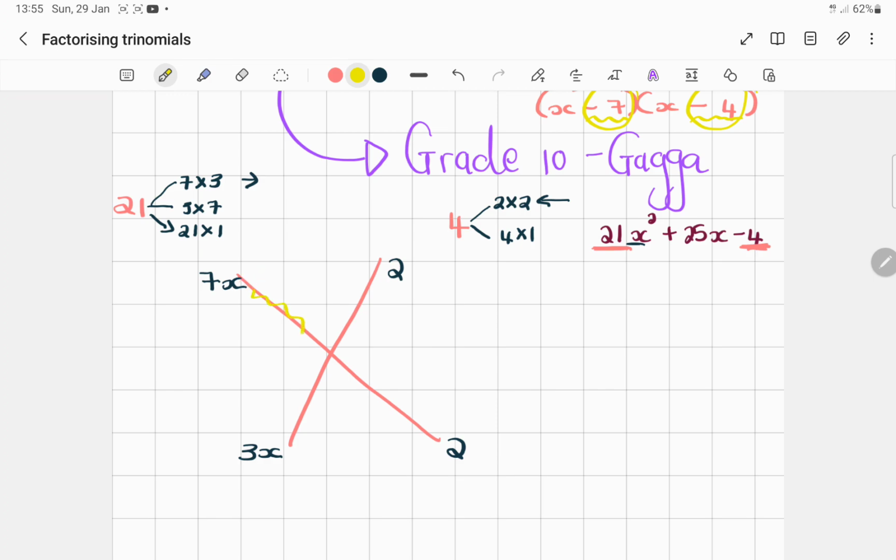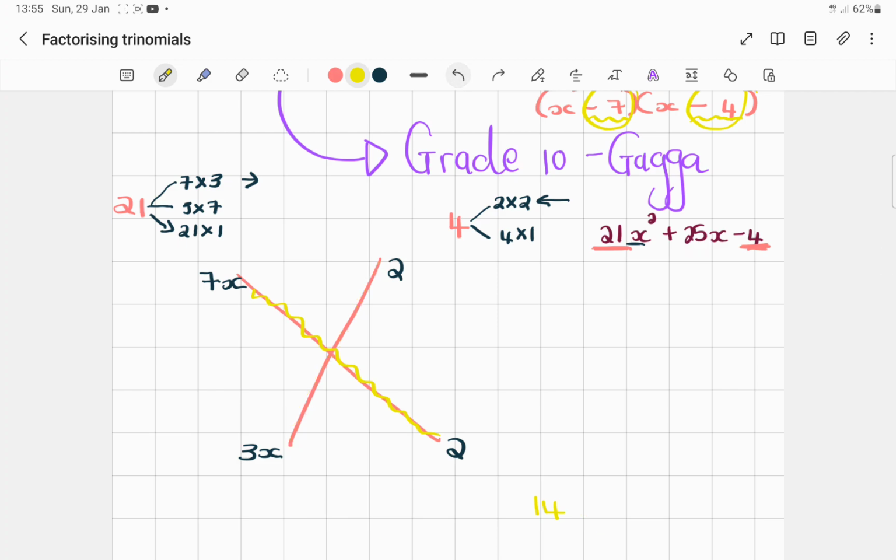You're going to say 7x times 2 gives you 14x. 2 times 3x gives you 6x. Is there somehow that I can get from 14 and 6 to that middle term 25? No, I can't. So I'm going to restart it again.